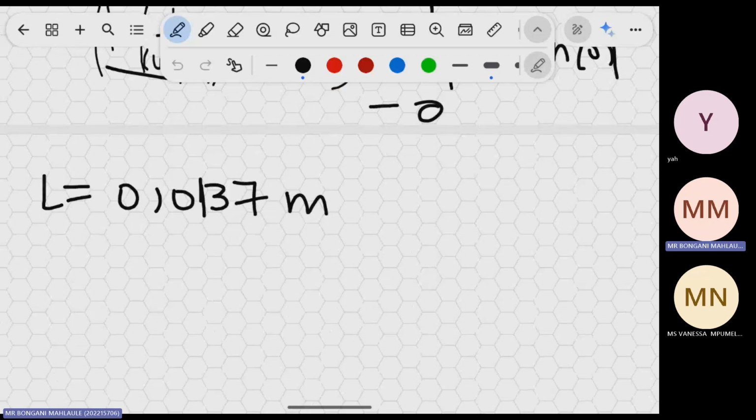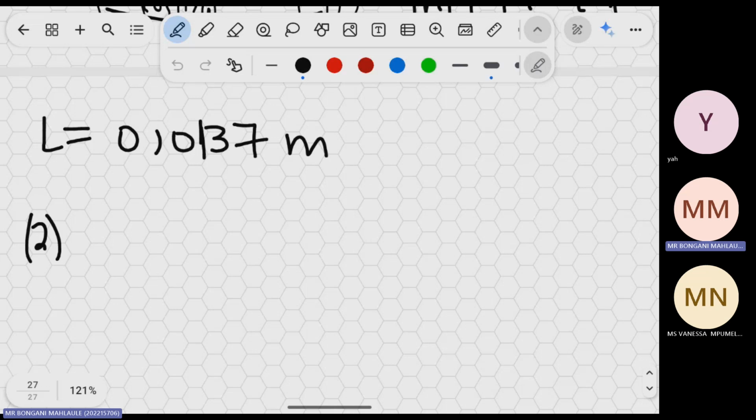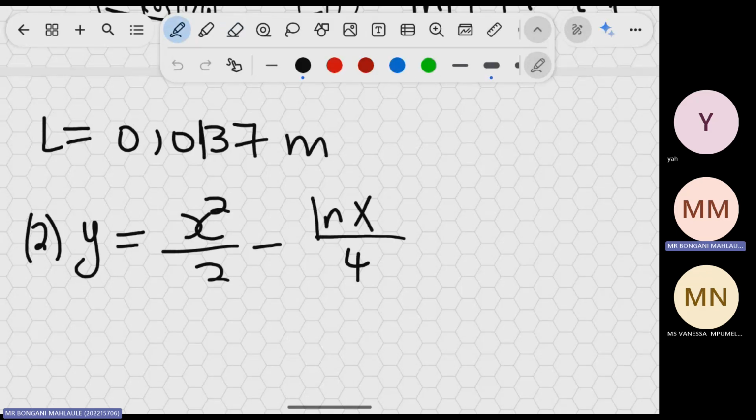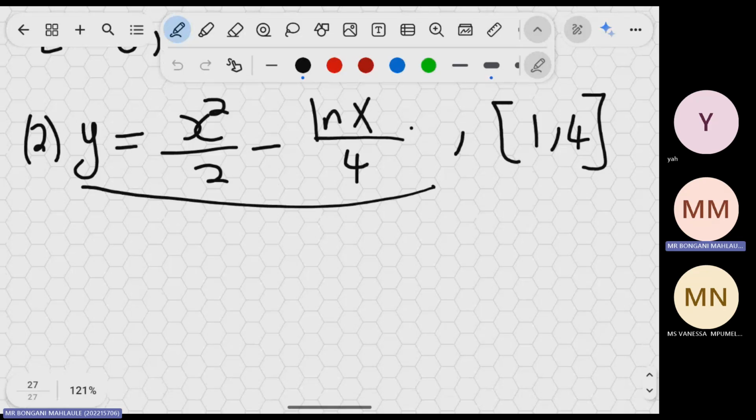Guys, the second one you will do it. I should skip this one. Will you do it or is it difficult? You'll do it. I want us to do those other ones. The interval is 1 and 4. You'll just differentiate this one.